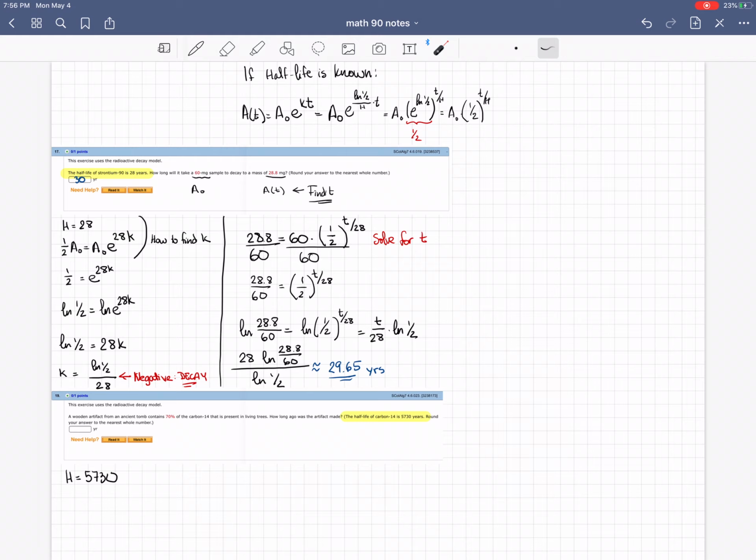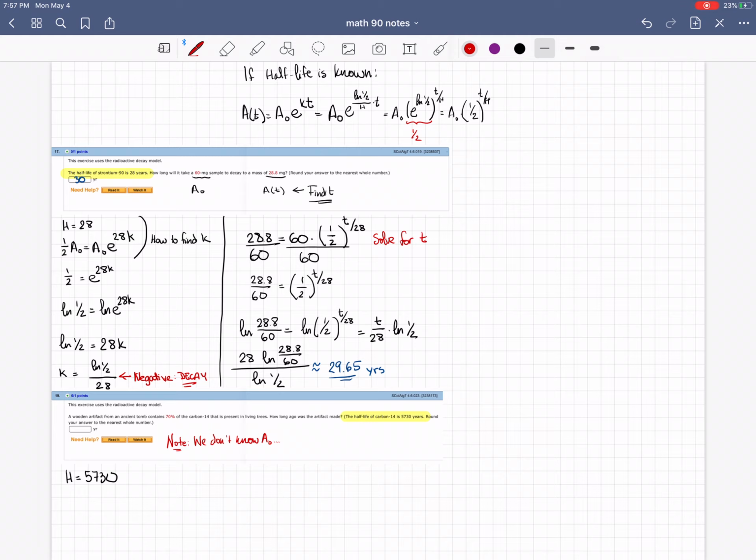Well, we're not told what the initial amount is. I'm actually going to write that here as a note: we don't know A sub 0. But we don't actually need to know it because whatever that amount of carbon-14 present in living trees is, we know that this wooden artifact contains 70% of that.